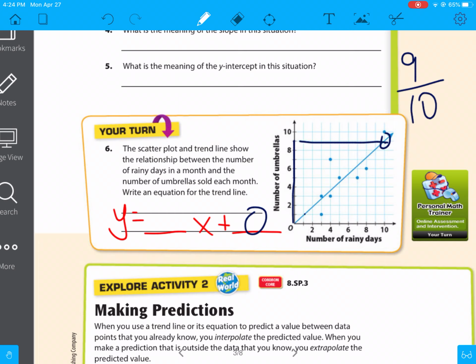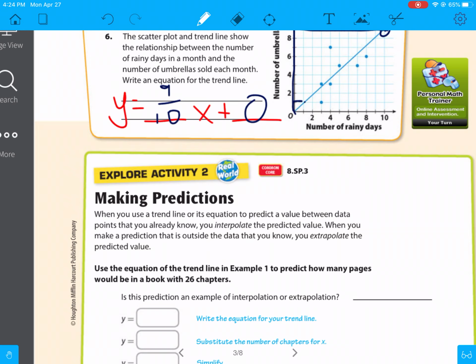So your slope is 9 over 10. If you had a slope of 1, that'd be fine too, because I can also see up 1 over 1. So your equation is going to be y equals 9/10 x plus 0.